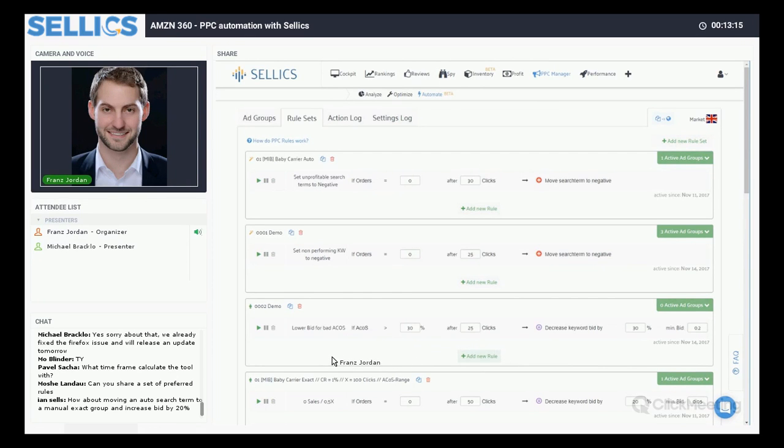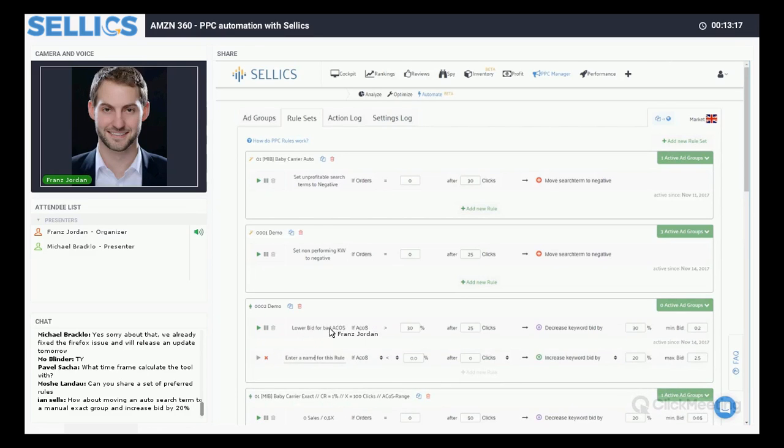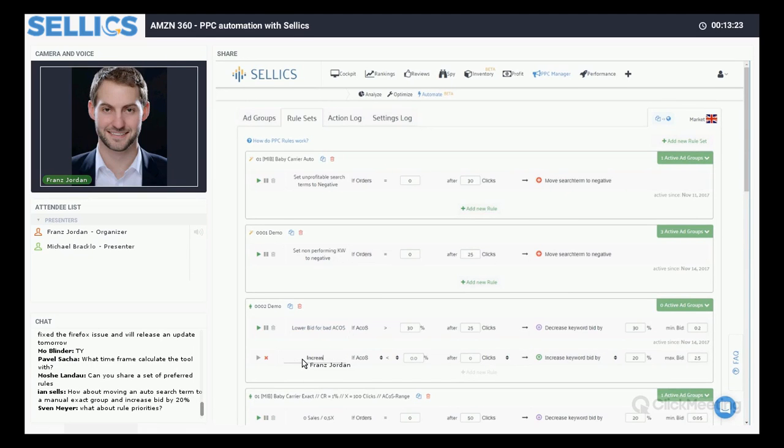In this case, we want to do the opposite, right? So here we lower the bid for bad ACOS, and here what we do is we increase bid for good ACOS. If the ACOS is below 30% after 25 clicks, we want to increase the keyword bid by 30% up until a maximum bid of 250.